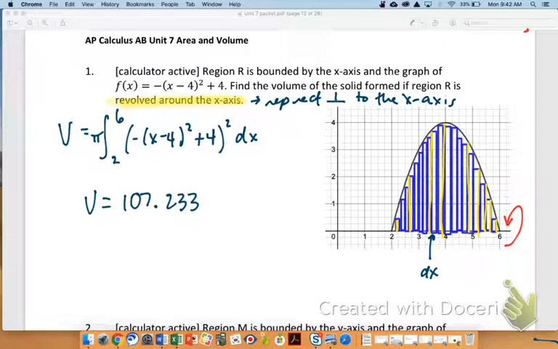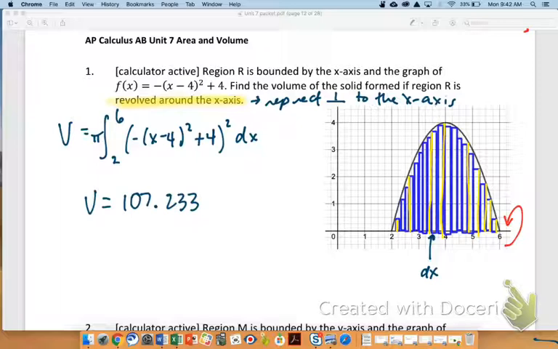So if you're revolving around a horizontal line like the x-axis, it'll always be a dx. If you're revolving around a vertical line, like in just a second you're going to see the y-axis, now it's going to be dy. And that, of course, sets everything else up to be either x or y, depending on which one it is. Is that helpful?